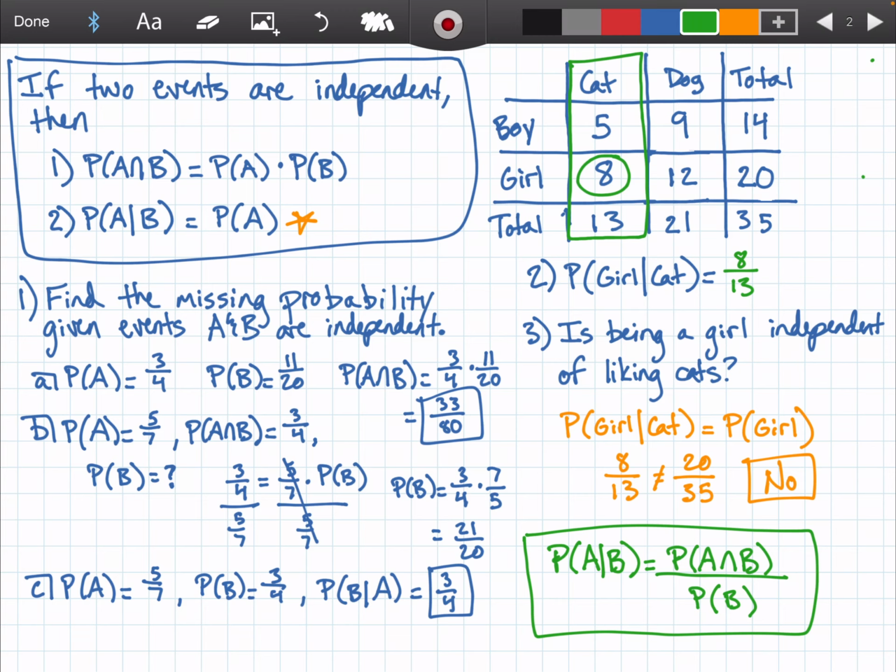The probability of A given B is the probability of A and B over the probability of B. If we look at that, the intersection is what I circled here. That's the 8, the intersection of girl and cat, and then out of the category of B, which was cat, so out of that 13.